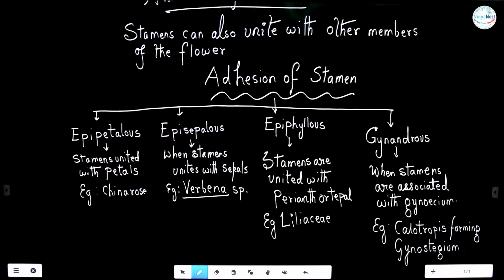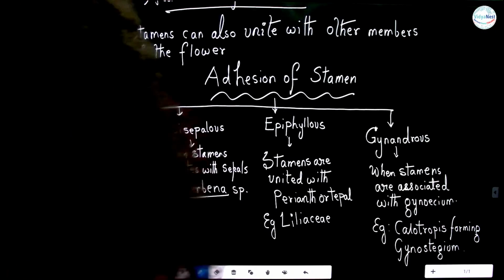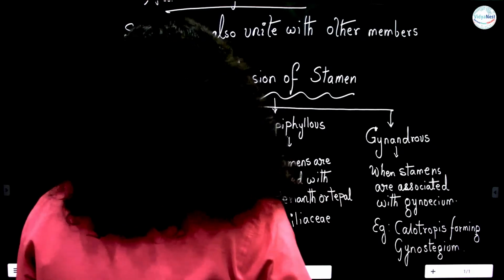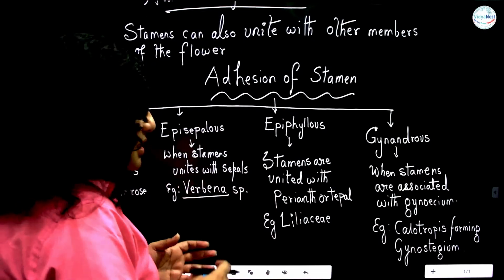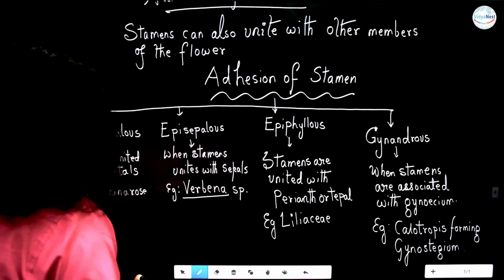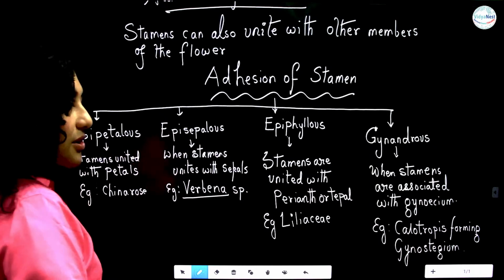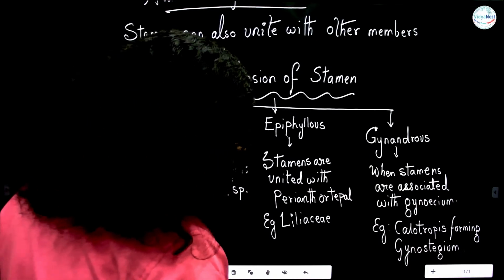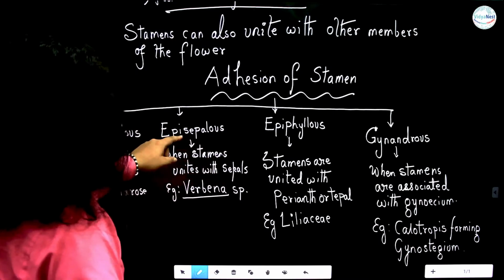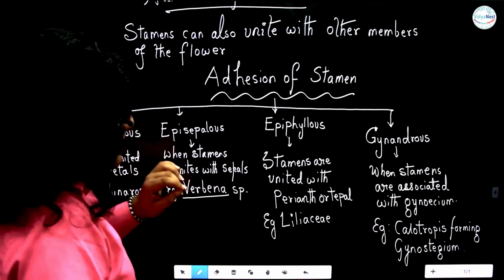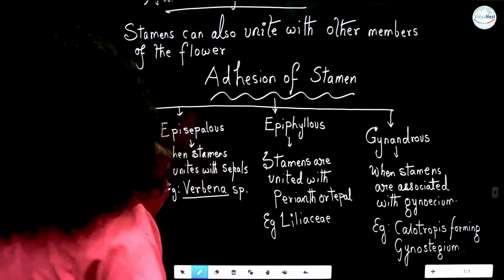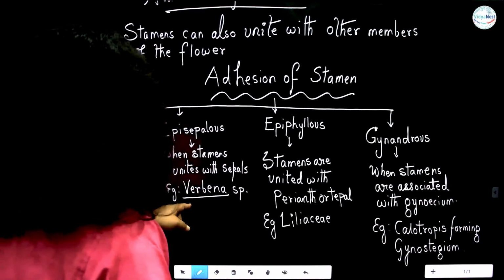So this is the adhesion of stamen. That means when stamens are associated with some other floral parts, it is known as adhesion of stamen. It can be epipetalous when they are associated with the petals, and one of the examples is China rose. Second is episepalous, when stamens are joined with the sepals, and one example is Verbena.